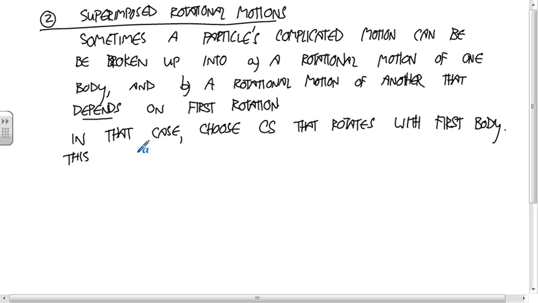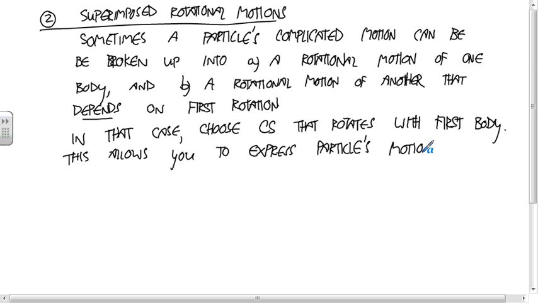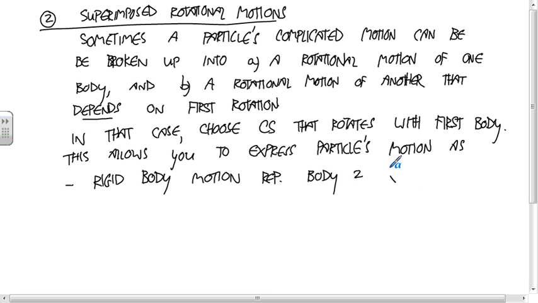The benefit of this is that it allows you to express the particle's motion as first a rigid body motion representing body 2, and we've done that.